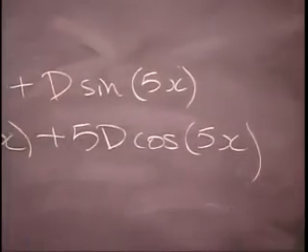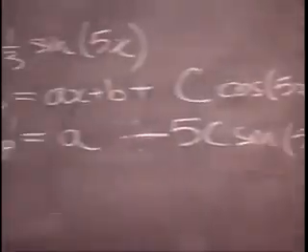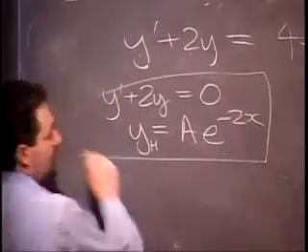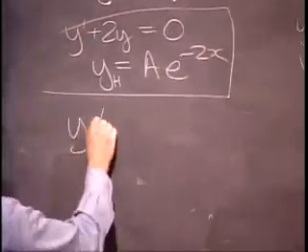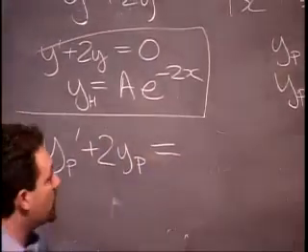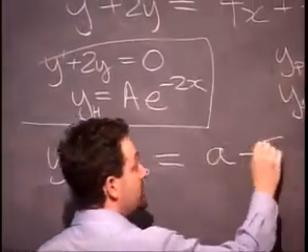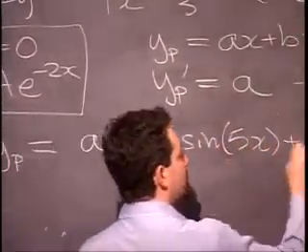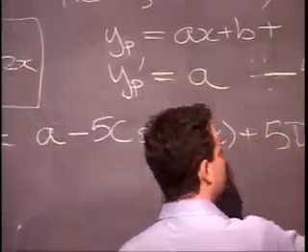So we're going to plug yp prime and yp into this equation. And you get yp prime plus 2yp equals, well now, let's put in that yp prime expression. a minus 5c sine 5x plus 5d cosine 5x.